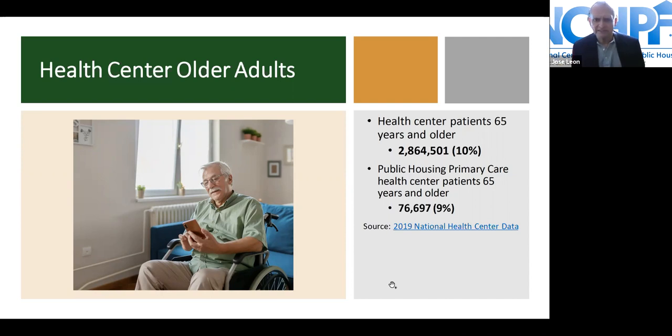According to the latest data that we got from HRSA, the percentage of those age 65 and older served by health centers is about 10%, and 9% of those receiving service at public housing primary care sites are also over the age of 65. Next slide.